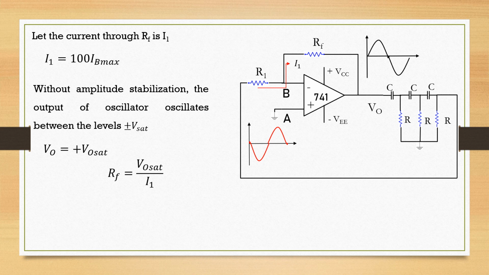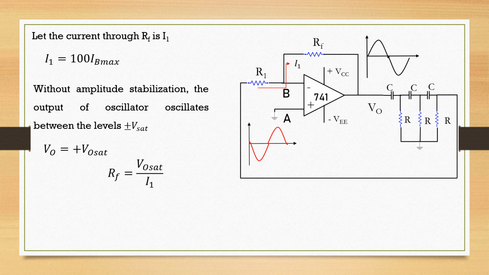This is from the expression I1 is equal to VB minus V0 divided by RF. Since the terminal A is grounded, that is the non-inverting terminal, from the concept of virtual ground, the voltage at B is also grounded. Therefore I1 will be equal to minus V0 sat divided by RF.